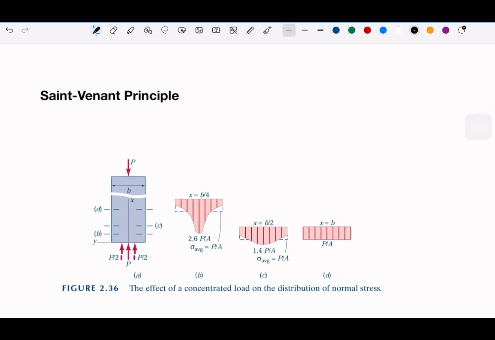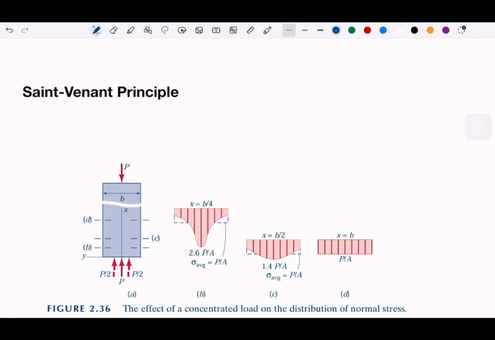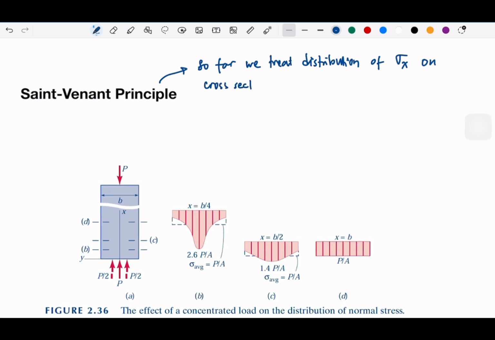So why does this become our discussion? Because so far we treat the distribution of the sigma, or the normal stress, on cross section undergoing uniform axial deformation.